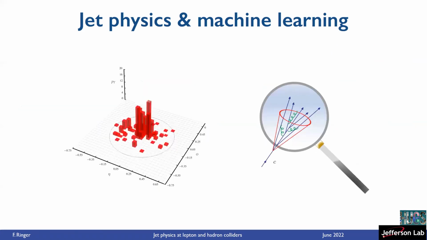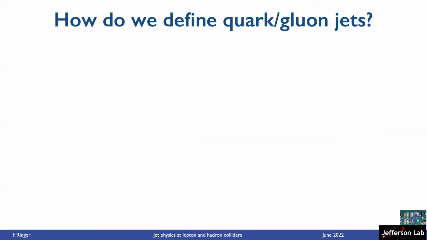So of course, as I already mentioned before, we have to look into the structure of the jets to tell what particle initiated the jet. A canonical example that people often use to do benchmark studies is to think about the differences between quark and gluon jets.